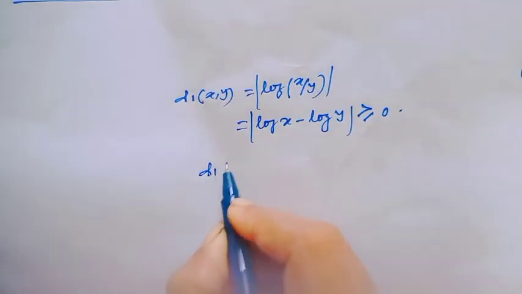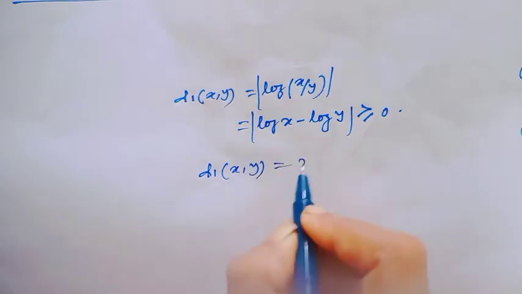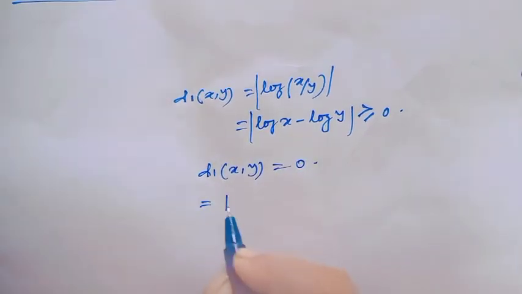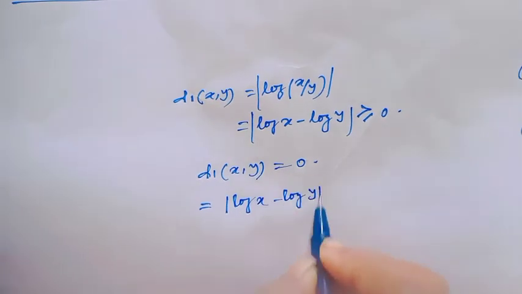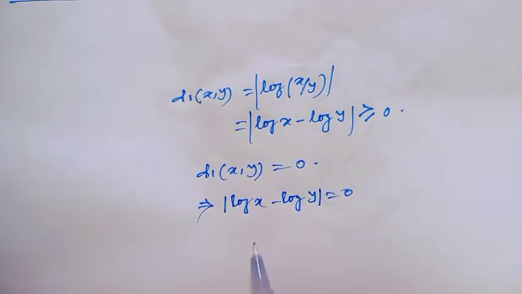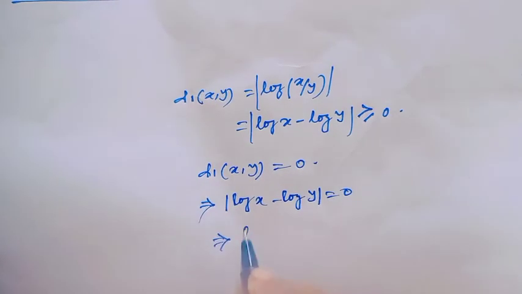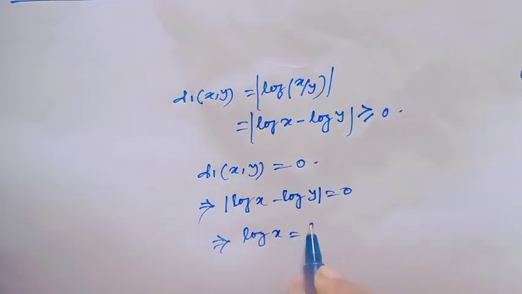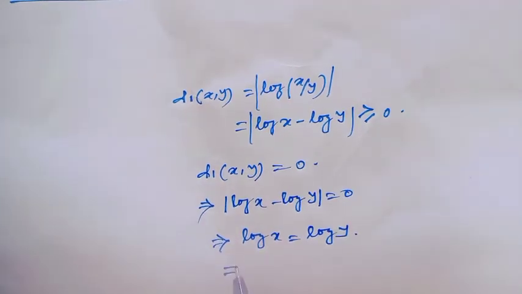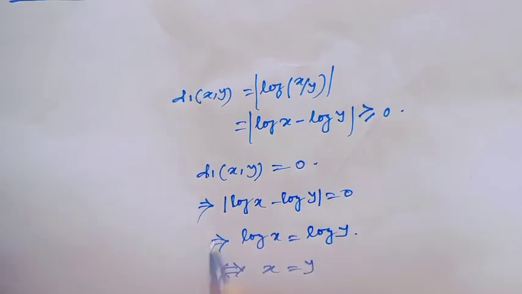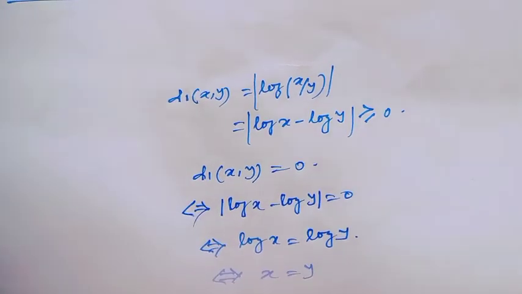Then d1 of xy equal to 0 means absolute value of log x minus log y equal to 0, and that implies log x equal to log y. And since the log function is one-to-one, this implies x equal to y. And this condition is an if and only if condition.